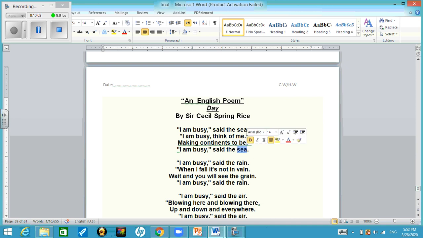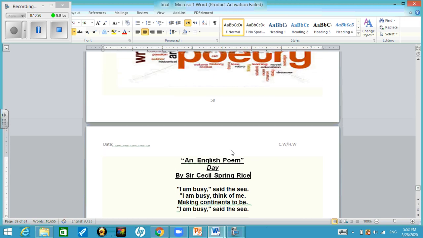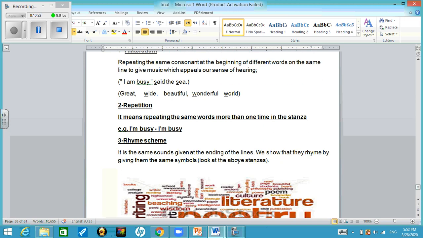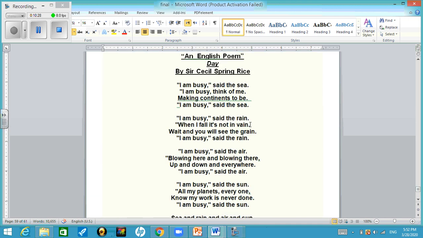So it's the same sound at the end of each and every line. This is the rhyme scheme. So here we have sea, me, be, and sea. So same rhyme scheme, same sound. Great. So let's read the poem together.